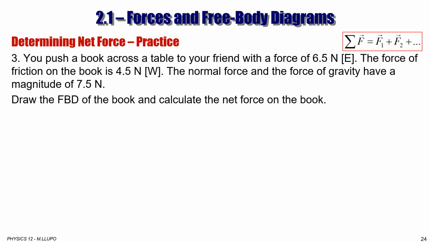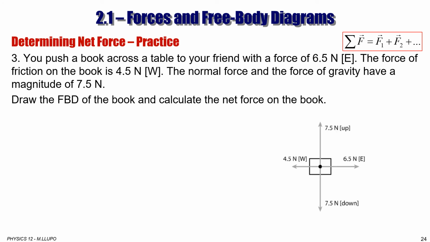Here's the last practice for this lesson. You push a book across the table to your friend with a force of 6.5 Newton east. The force of friction on the book is 4.5 Newton west. The normal force and force of gravity have the same magnitude of 7.5 Newton. Draw a free body diagram of the book and calculate the net force.